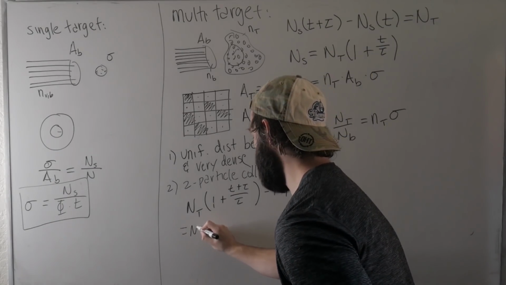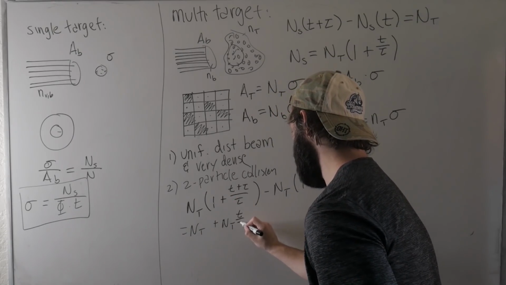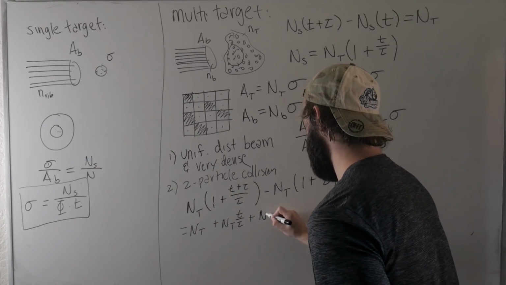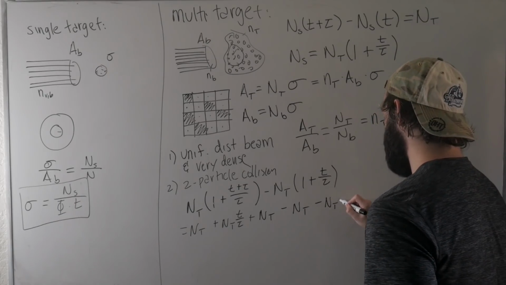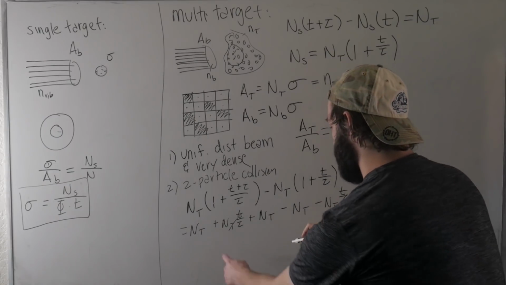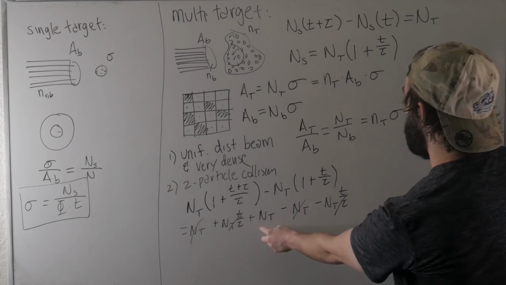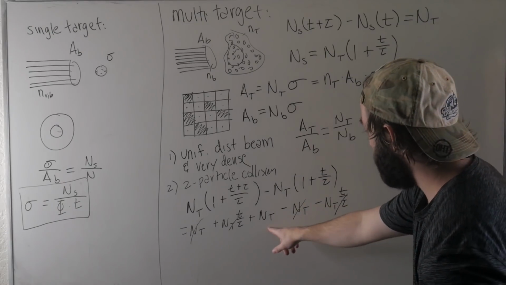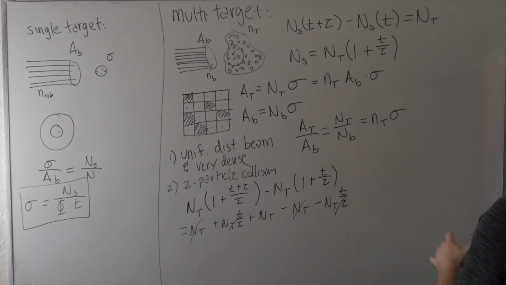That's equal to n_t plus n_t t over tau plus tau over tau is 1, so that's plus n_t, minus n_t, minus n_t t over tau. These guys cancel. One of these factors of n_t cancels, so we get what we expected, that the number of scattering events in this little time slice should be equal to the number of targets at any slice in time. Okay, so we're going to hold on to this.